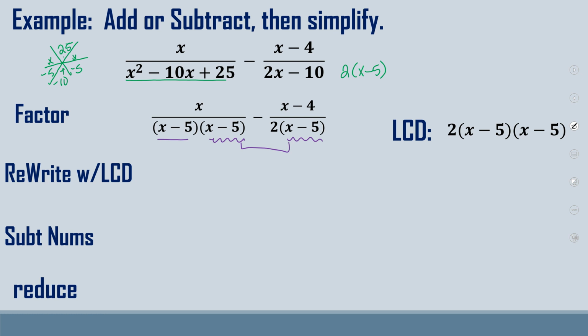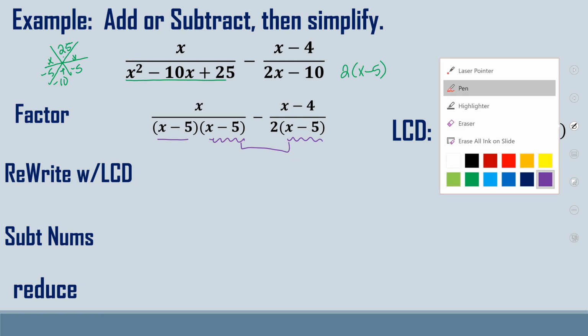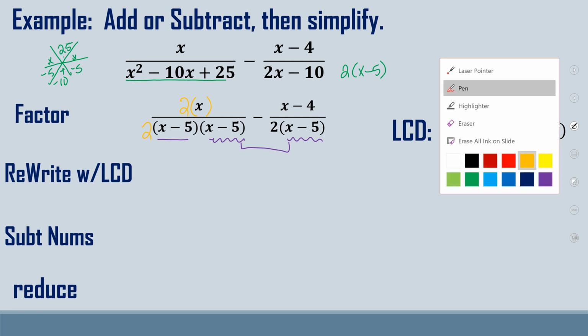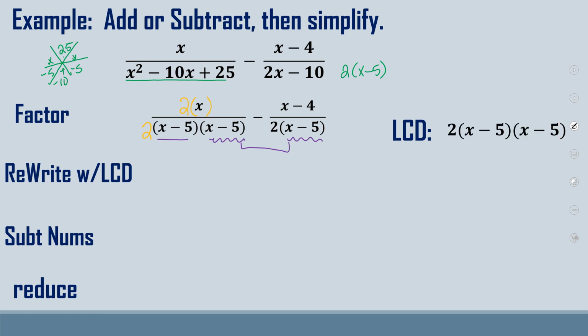Okay, so as we multiply through, let's look to see what parts need to be multiplied. The first expression does not have the 2 in the denominator, so I need to multiply it in numerator and denominator. In the next expression, the term that it is missing is the second x minus 5 factor.